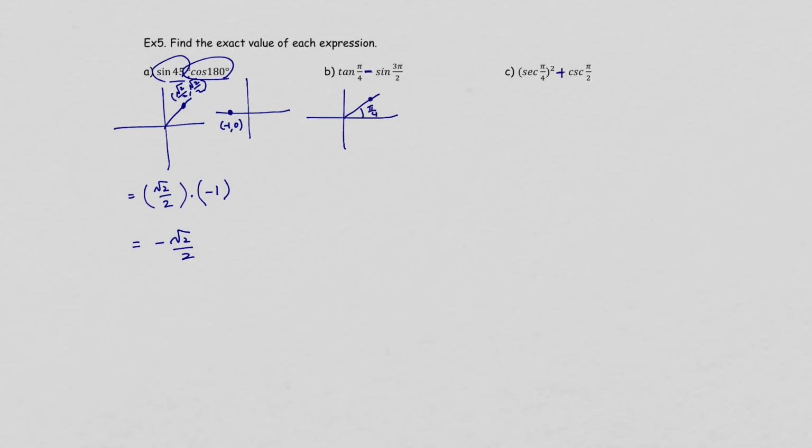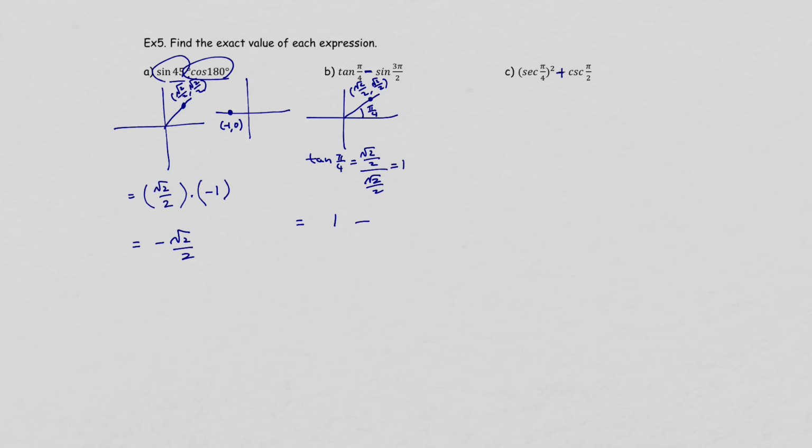So you're going to have square root of 2 over 2, square root of 2 over 2, which tangent of that is going to be 1, right? So tangent pi over 4 is square root of 2 over 2 over square root of 2 over 2, which is 1. And then it'll be 1 minus, right?